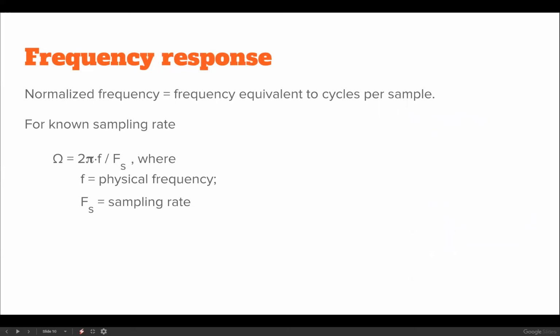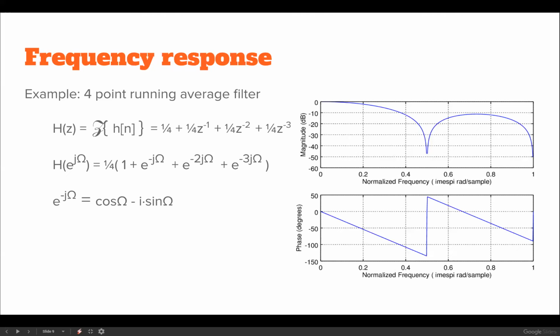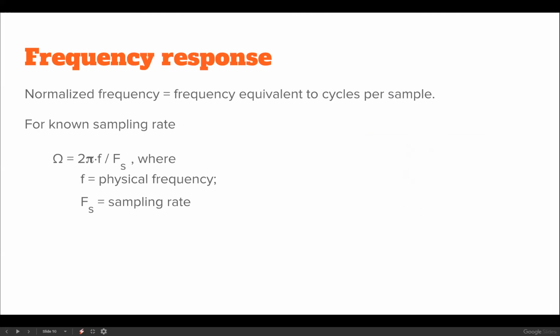Okay, there we have the normalized frequency. Normalized frequency is equivalent to cycles per sample, and for a known sampling rate, that normalized frequency omega is 2 pi f divided by fs, meaning that at omega angle pi, you are at sampling rate over 2.